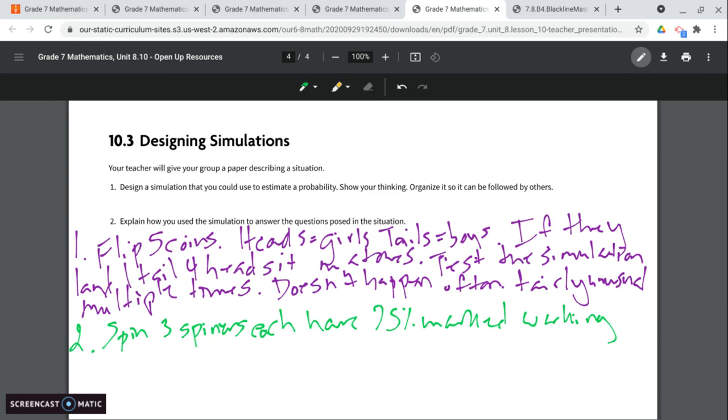If all 3 of the spinners land on not working, the fire is undetected. After doing this 10 times, this never happened. Since it's possible, the estimate should be between 0 and 0.1. This is not a safety problem for the factory since fires are so rare, and when there is a fire, at least one of the detectors usually works.